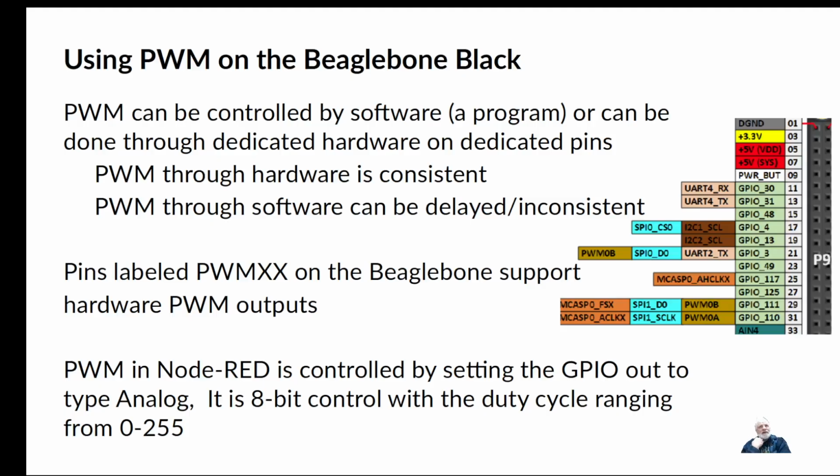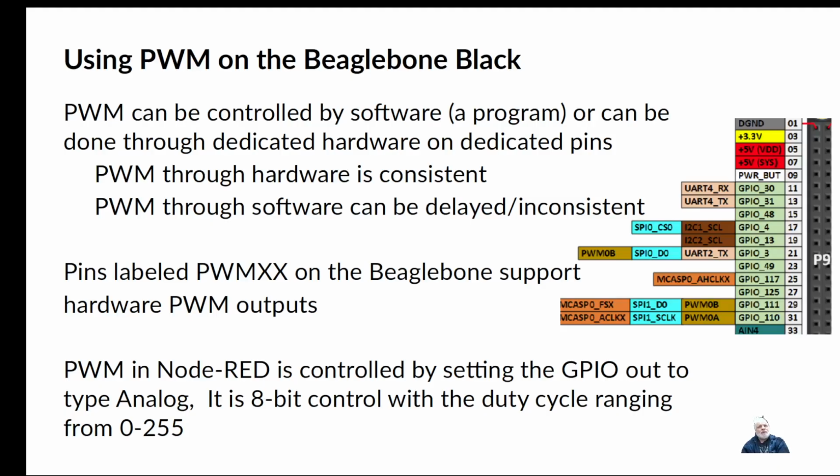We could have done that with our PLC using something as simple as a timer, and we could adjust the width by changing the time of our timer. You can do that with any kind of software.